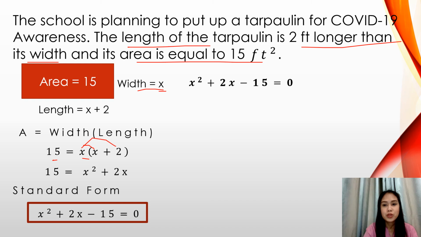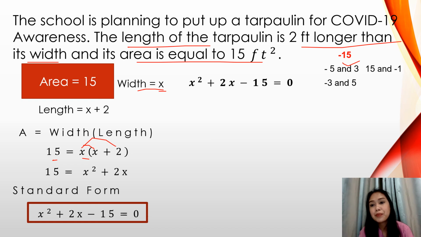So we can also use factoring here. We just get the factors of 15. That would be negative 5 and 3, or negative 3 and 5, 15 and negative 1, and 1 and negative 15. Now, which of these factors will give us the middle term, which is positive 2?